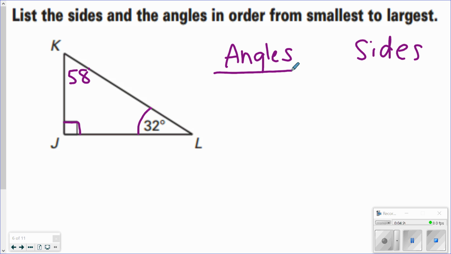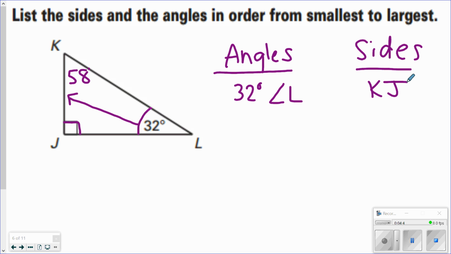The smallest angle would be 32 degrees, which I guess I should write as angle L. Opposite of angle L would be side KJ, and that would be our shortest side.